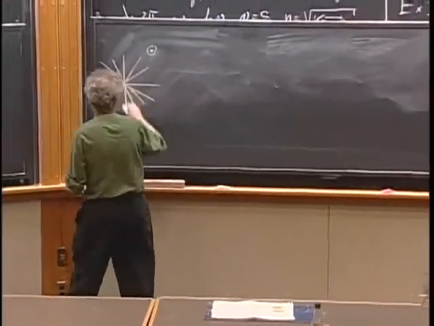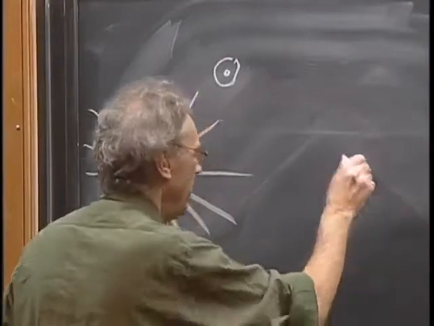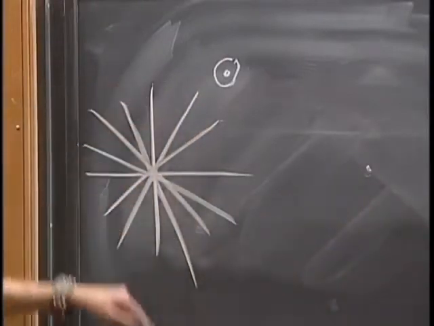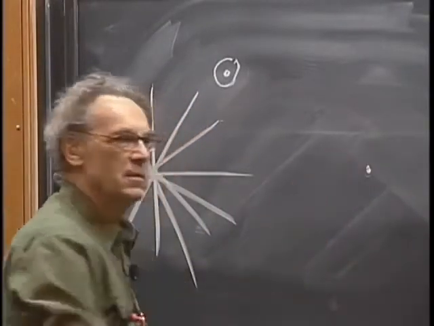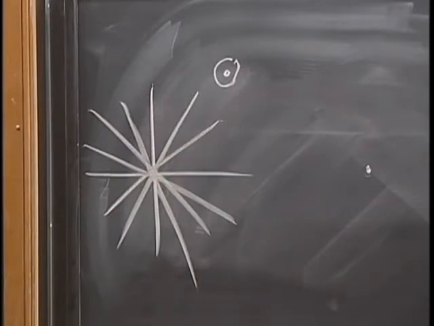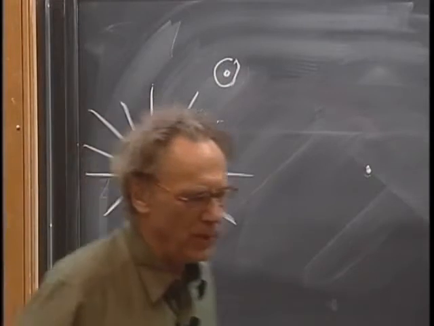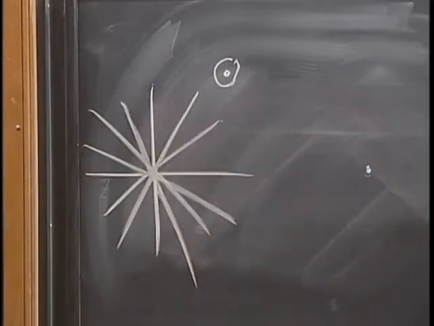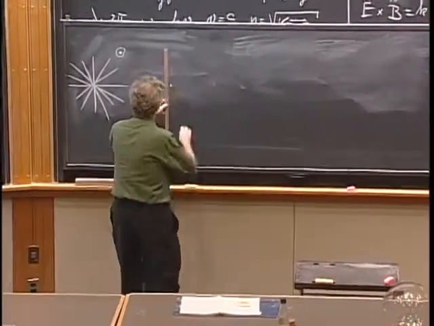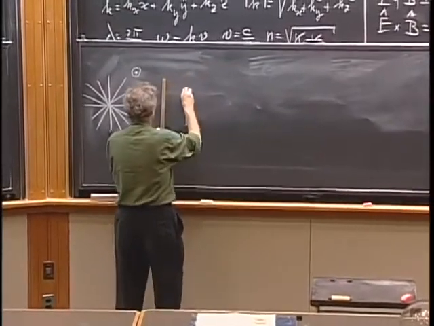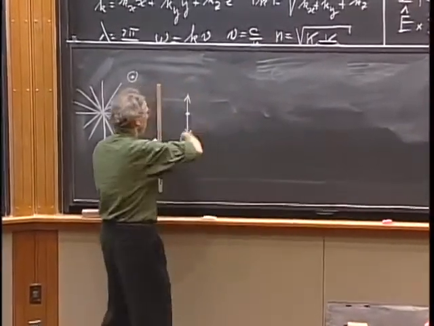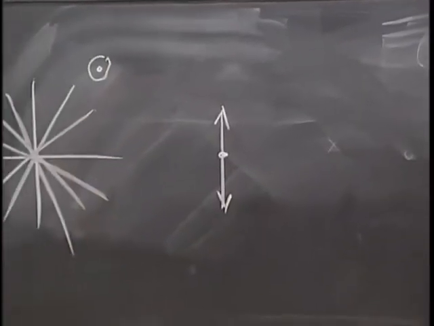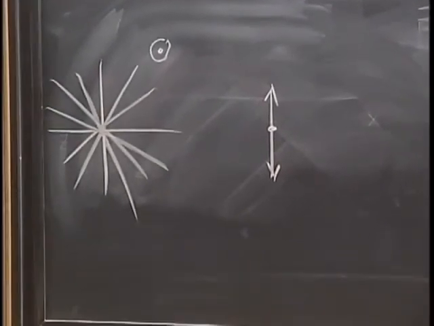I pick one of those. Right here, this one, and here happens to be fine dust particles which have electrons, and these electrons are shaken up and down by that electric field. So what I'm drawing now here is the motion of that electron. The electron is going to be accelerated in a harmonic fashion.